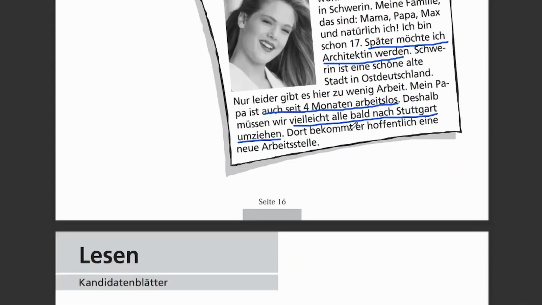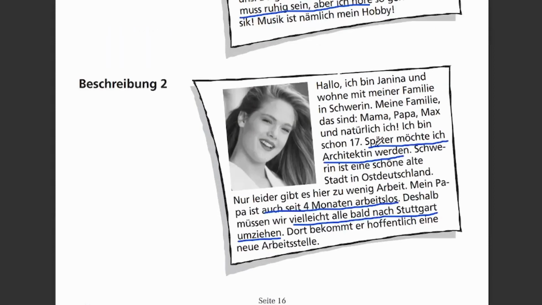Okay, let's go and answer. I noted down here the meaning is she would like to become architecting. She's not at architecting, and her father is, yes, unfortunately is not in a job for last 4 months, and that's the reason they would like to sooner be relocated to Stuttgart from the place they are living right now.